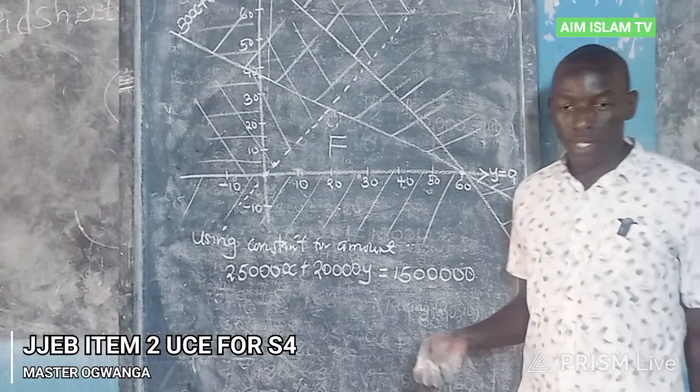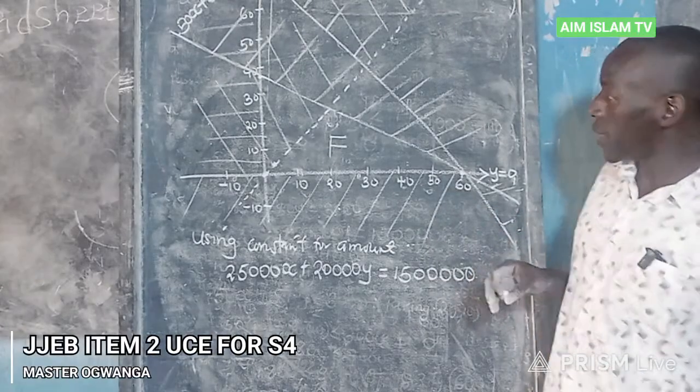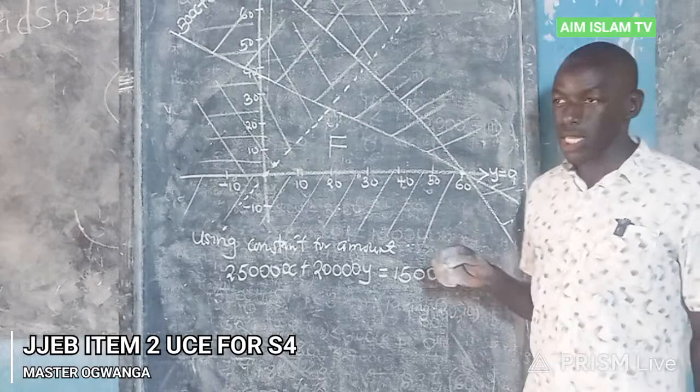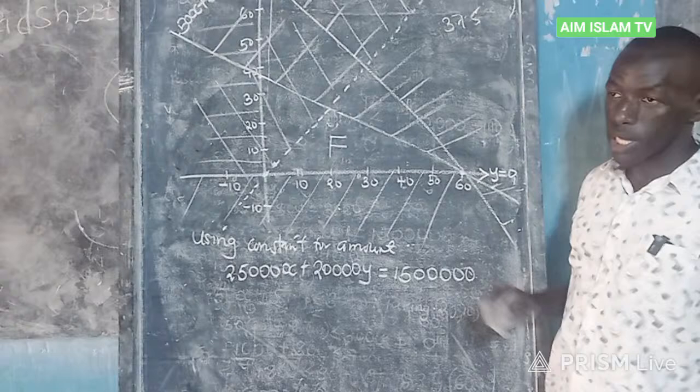Let me first answer the question someone has given me there. Someone is asking whether we are supposed to round off when we are dealing with the coordinates. The answer is yes. You may get something like 37.5.